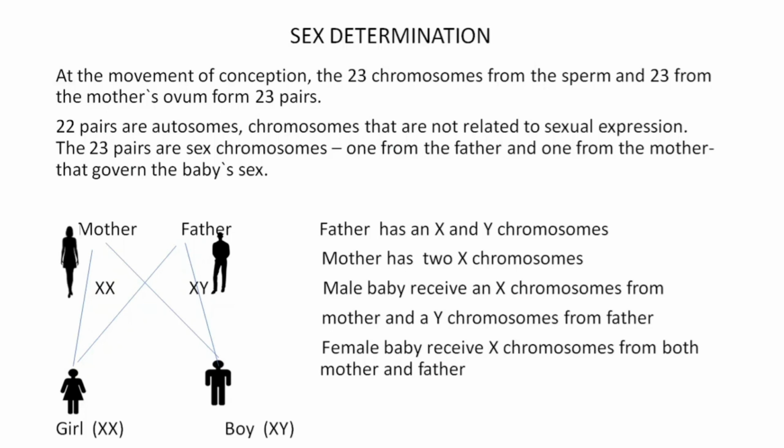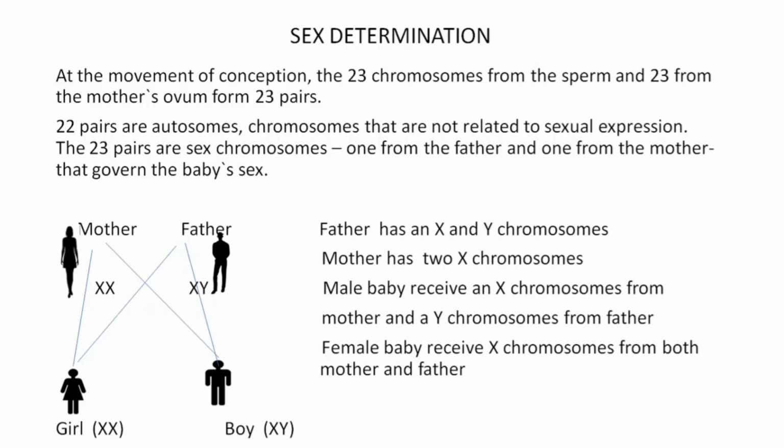When an ovum, which contains X, is fertilized by an X-carrying sperm, the zygote formed is double X. That means a female is going to be born. When an ovum X is fertilized by a Y-carrying sperm, the resulting zygote is XY, a male baby is going to be born.